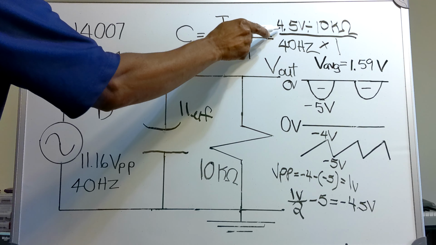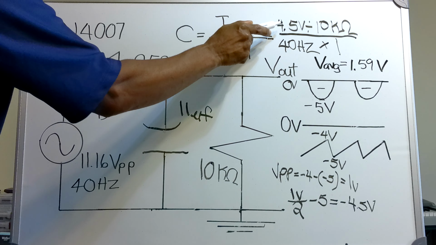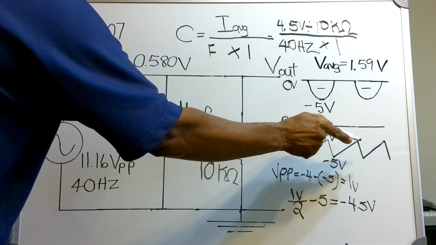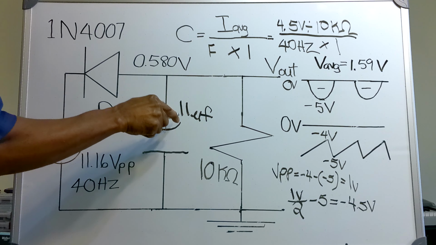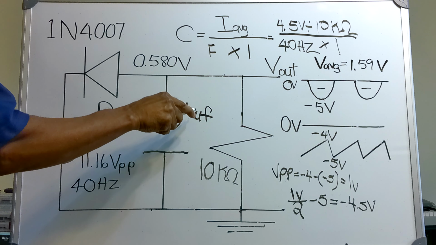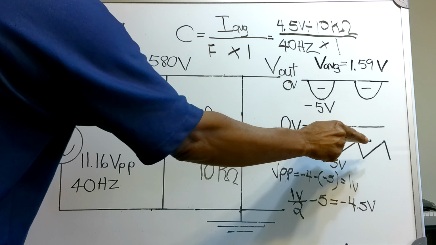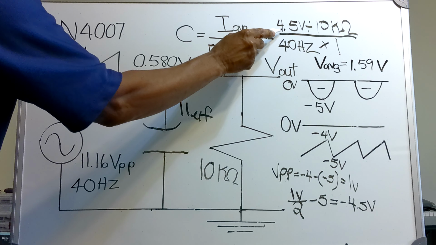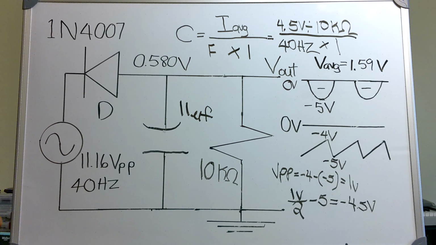And that is how you find the average voltage for this output waveform. Now we have the value of the capacitance that will give you this shape and an average voltage of 4.5 volts.